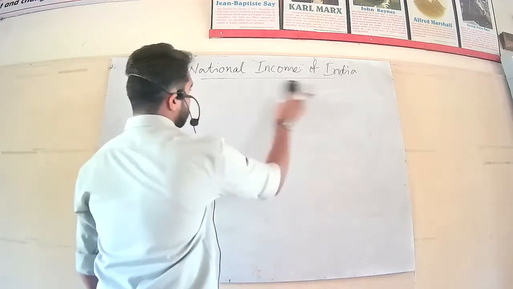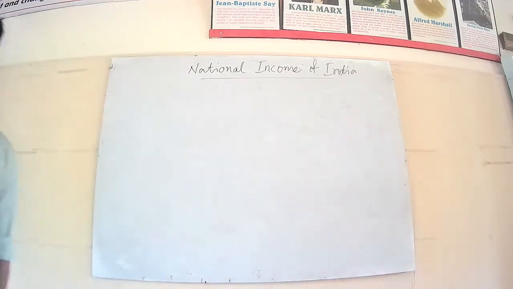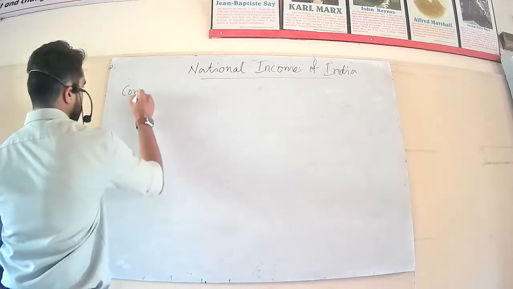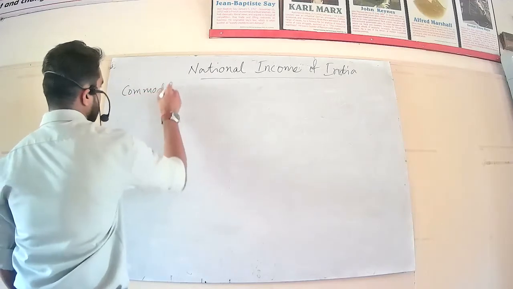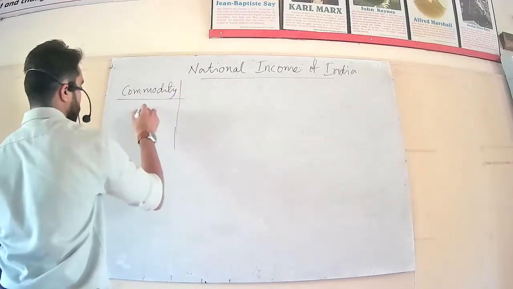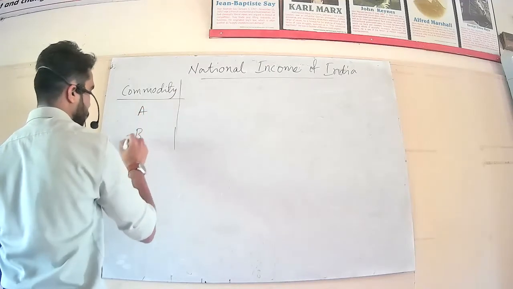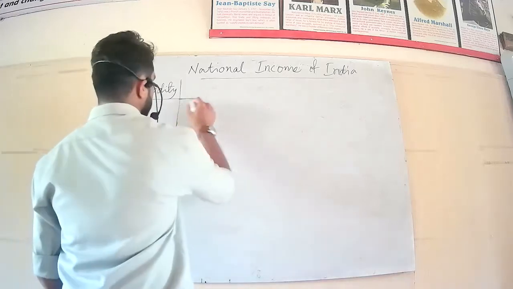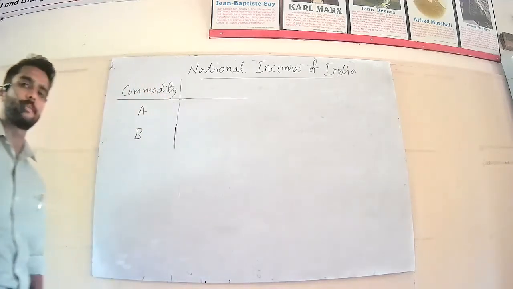Let's take a small example of how this adjustment is done. In the first column, let's take commodity A and commodity B, only two commodities for the sake of understanding.